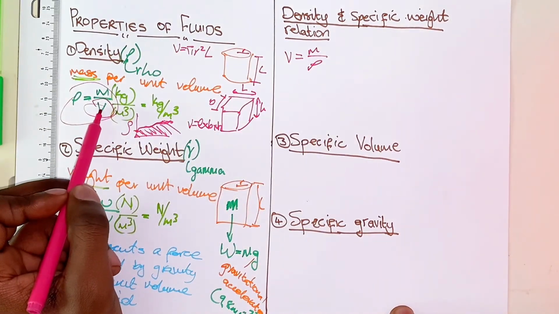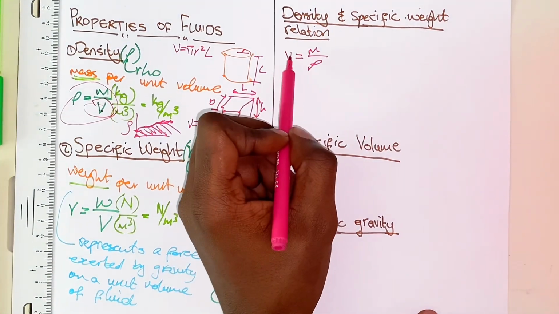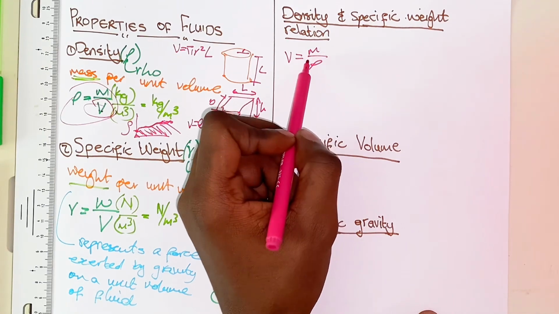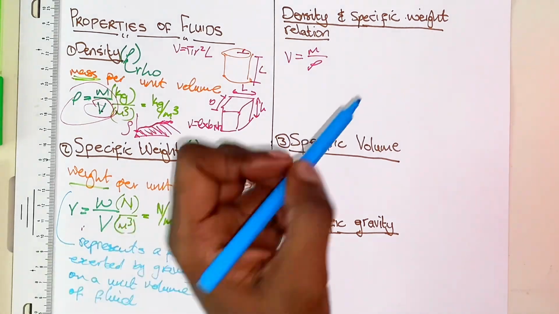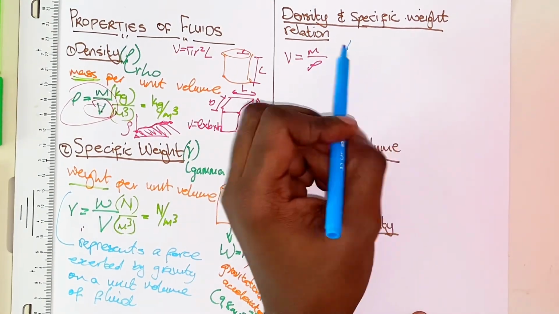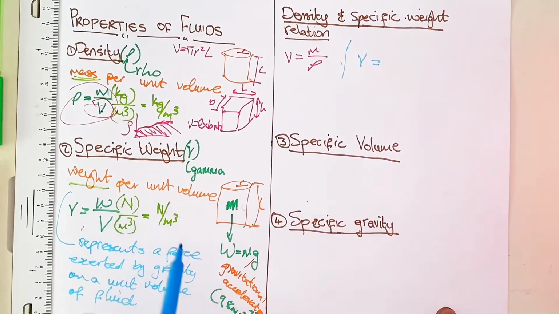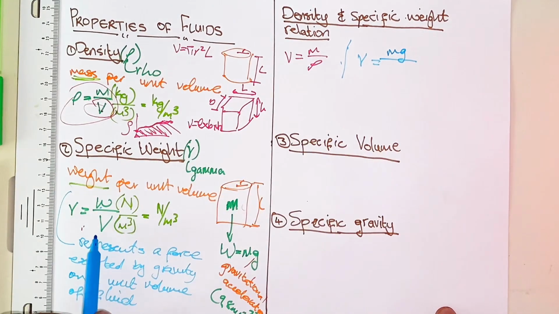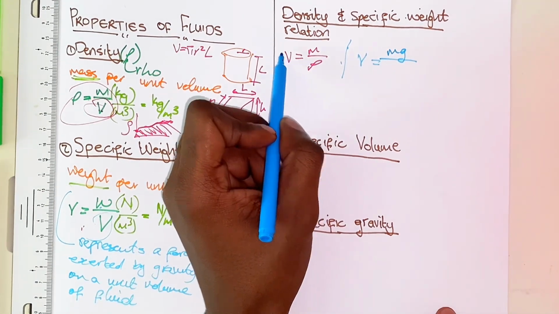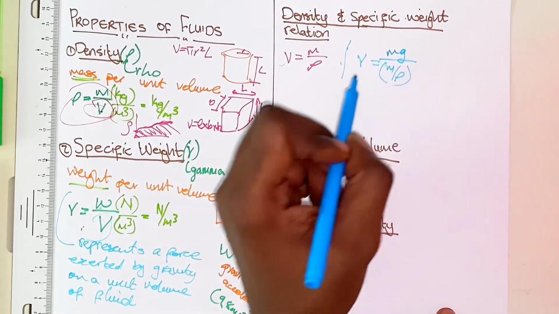Now that I have volume equal to mass over density, I will then substitute it into this formula. Now to do that, I will have gamma is given by weight. Remember that weight is equal to mass times gravitational acceleration. So I'll have mg over volume. I have made my volume the subject of the formula here, so I will put mass over density.